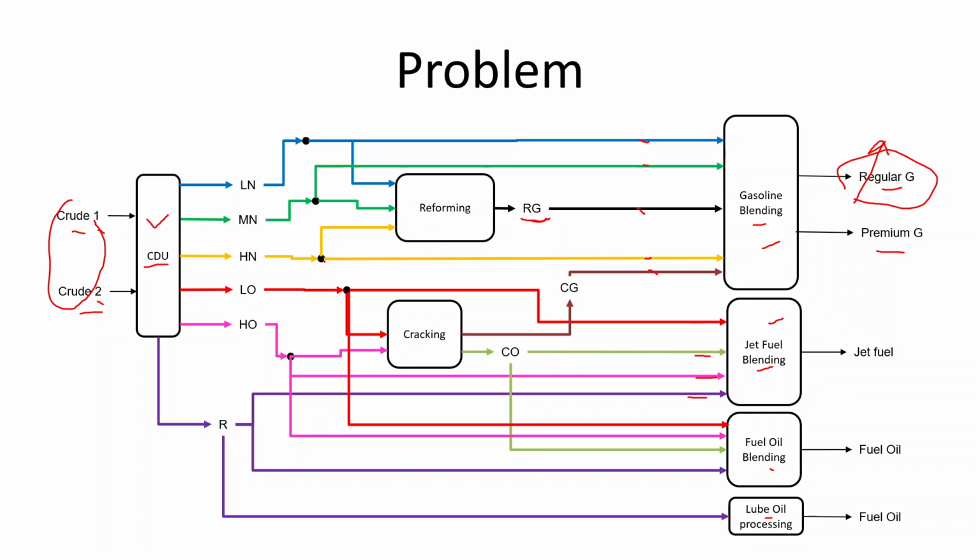The same goes with, for example, instead of buying crude 1 and crude 2, there is a residue somewhere which you can then send to your jet fuel blending, because this residue maybe is cheaper than crude 1 and crude 2, or maybe it has better properties than this one. So you can buy this cheap residue somewhere, or cheap naphtha or whatnot.